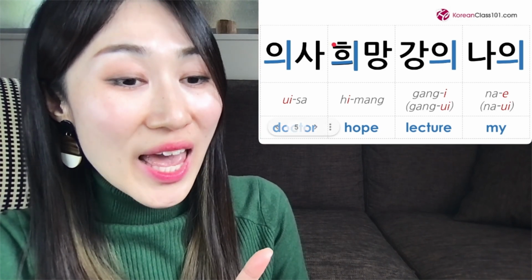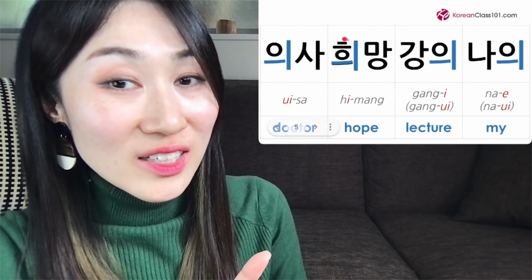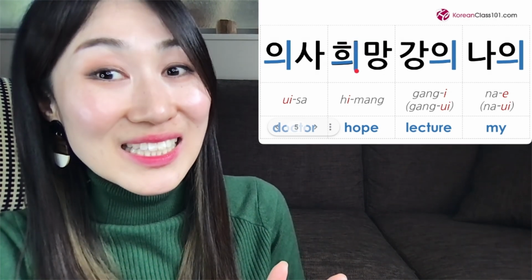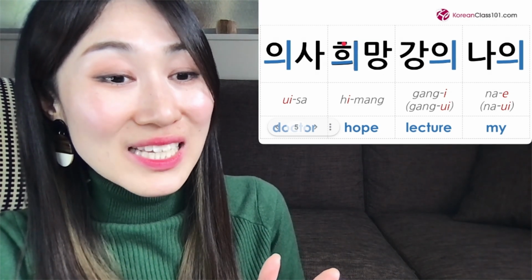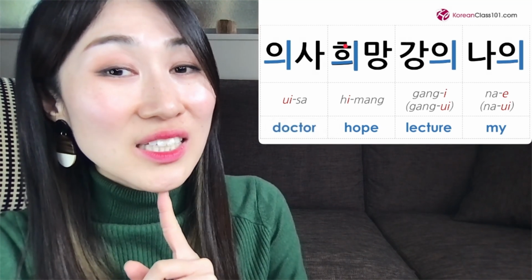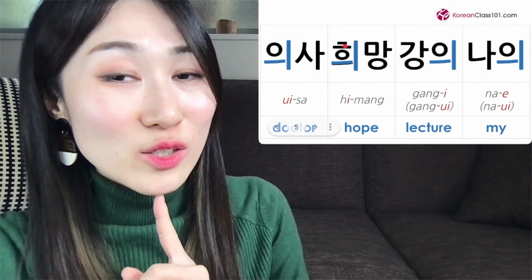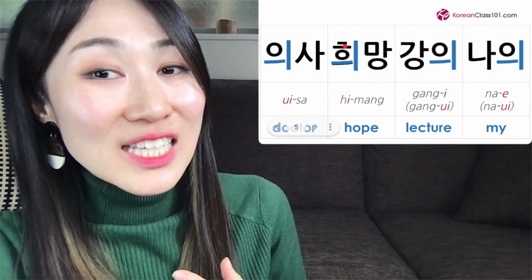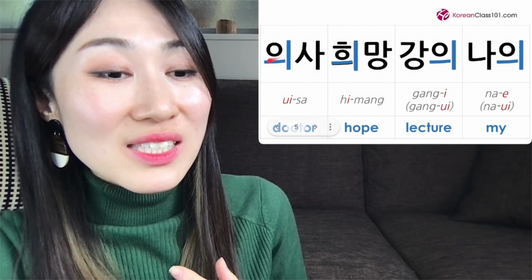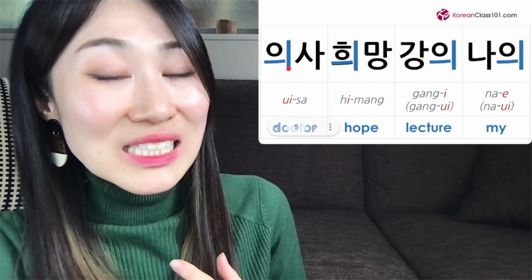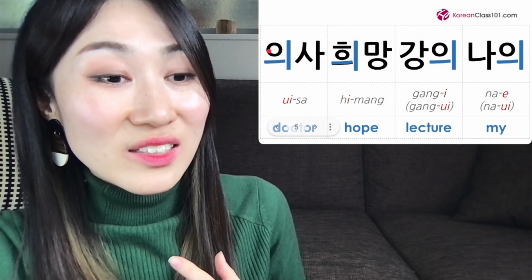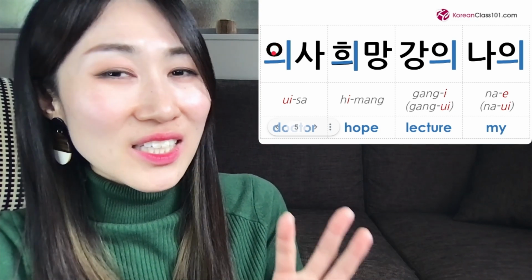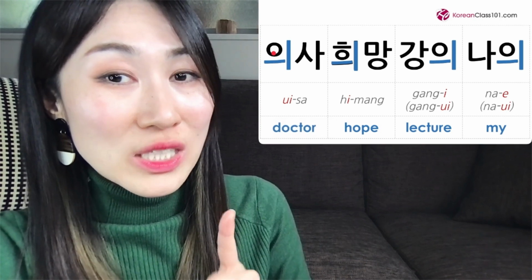If there is any consonant here, then the pronunciation becomes 이. So now there's an h sound here. There is some consonant. So it's not 희망, it's 히망. We only pronounce this 의 sound like this when there is this 이응 consonant. 이응 is basically a placeholder, so it doesn't have any sound.